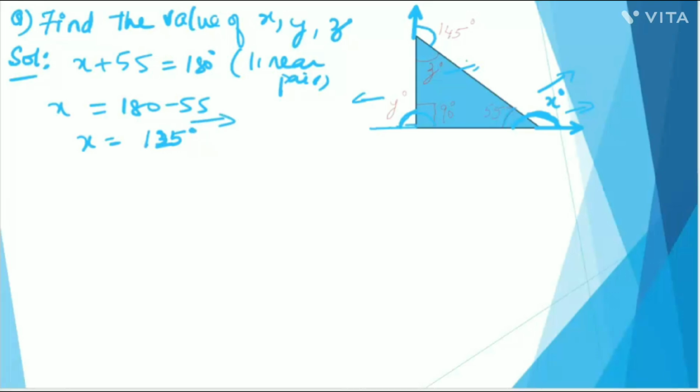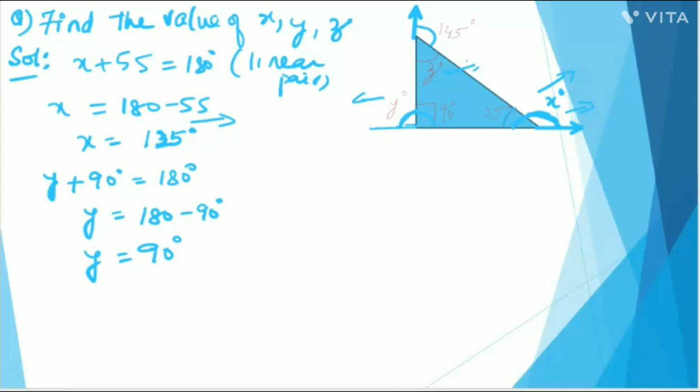Similarly, we will find the value of y. y plus 90 is equal to 180. Plus 90 when it goes to the right side becomes minus 90. y is equal to 180 minus 90, which is 90. Now we have the values of x and y.